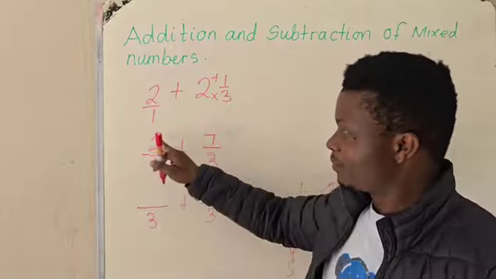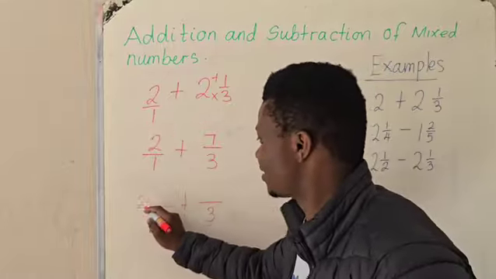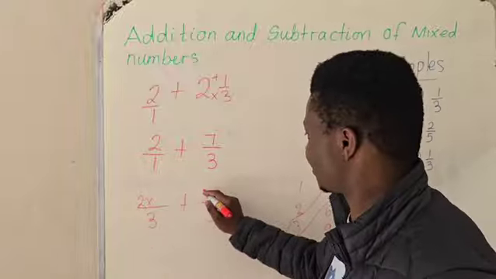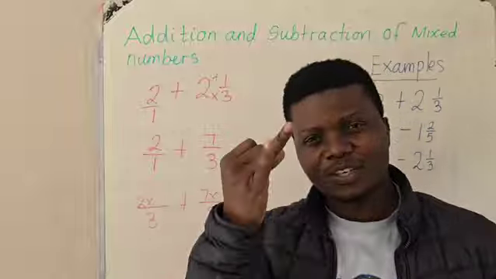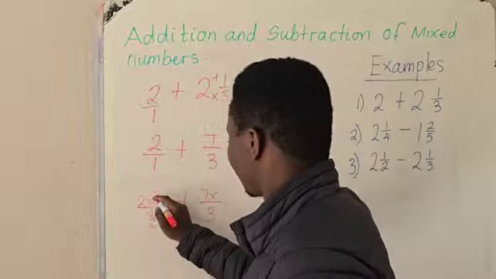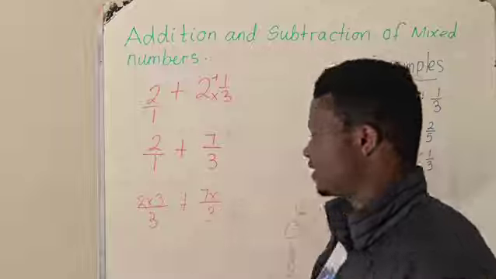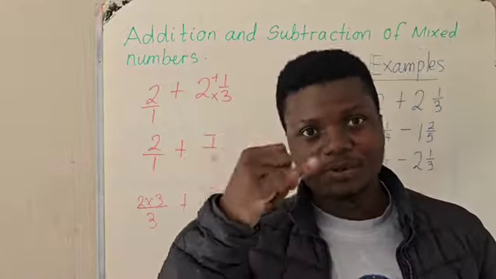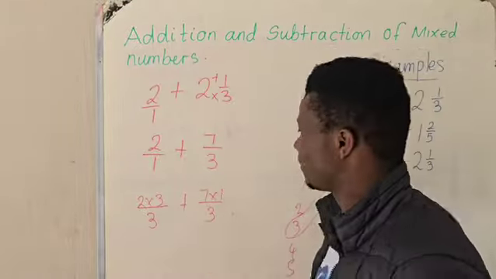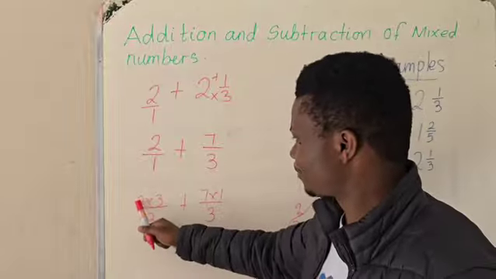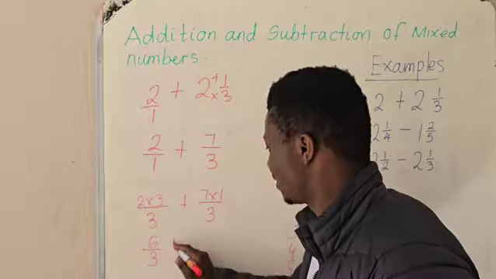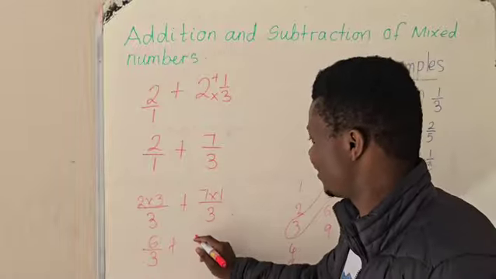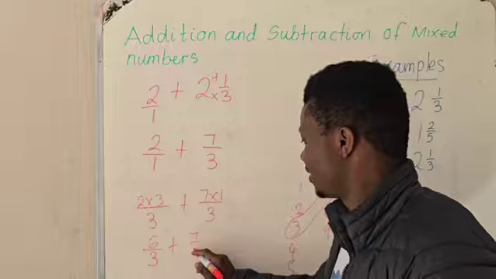Now we divide. We bring our numerator 2 with the times. Bring down your numerator 7 with the times. How many times does 1 fit into 3? 1, 2, 3. 3 times. How many times does 3 fit into 3? Let's count in threes. 3. We're already there at 3, so it's just 1 time. Let's simplify. 2 times 3, that's 6 over denominator 3 plus 7 times 1, that's 7 all over denominator 3.